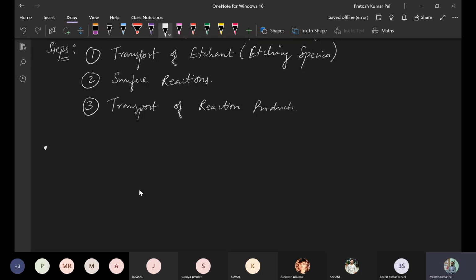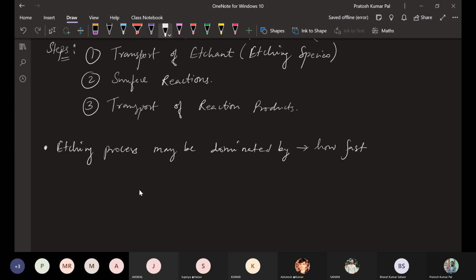This etching process may be dominated by how fast we are able to supply the etchant, and this etchant is going to pass through the layers of the membrane where this removal needs to be performed.